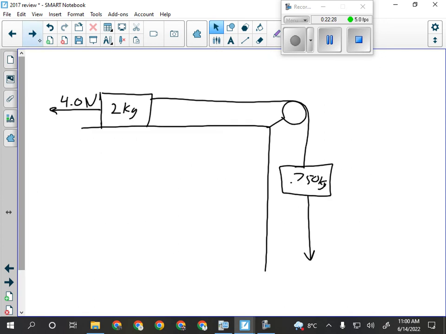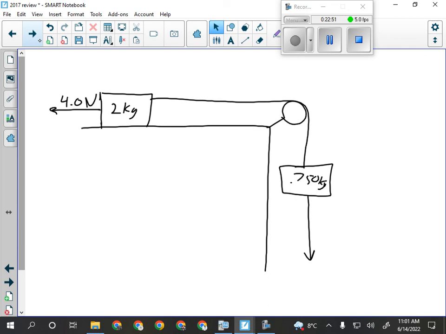Okay, pulleys. I would like the acceleration of the 2 kilogram mass. The other mass is 0.750, that's not 750. 0.750 kilograms, and assume the force of friction is 4 newtons acting on the 2 kilogram mass.